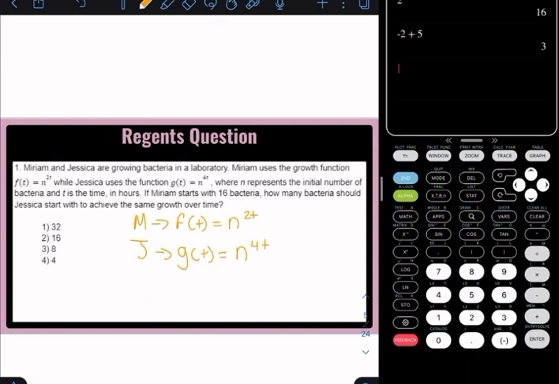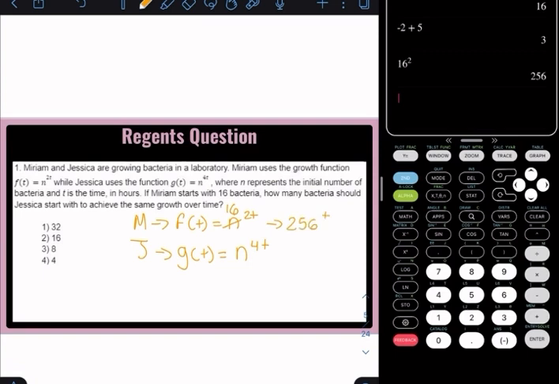If Miriam starts with 16 bacteria, how many bacteria should Jessica start with to achieve the same results? So her number of bacteria is 16. And what is 16 squared in the calculator? 16 squared would get us 256 raised to the t power.